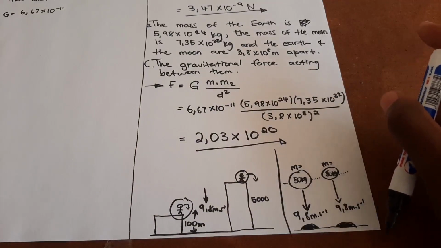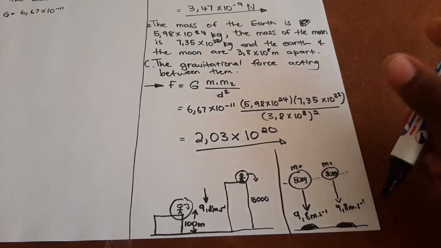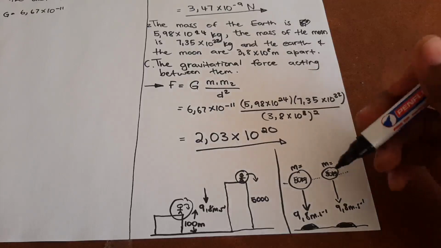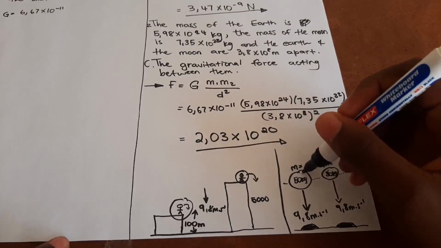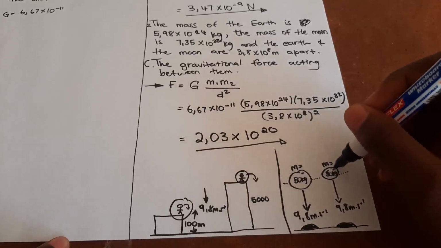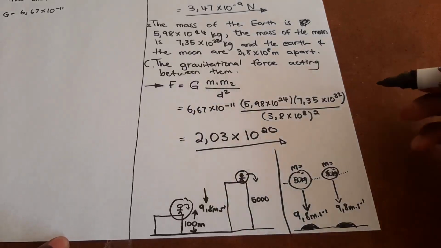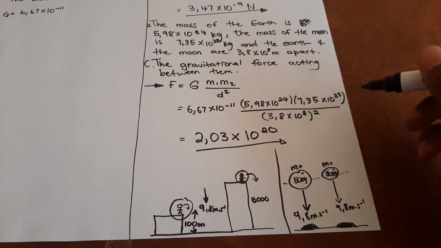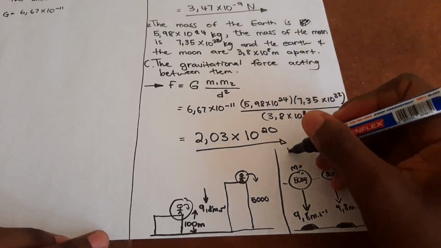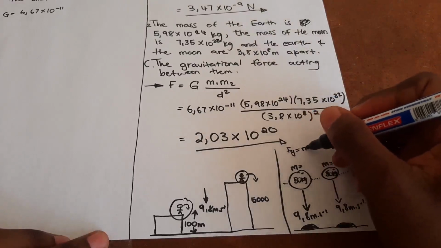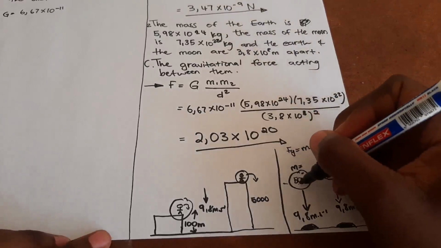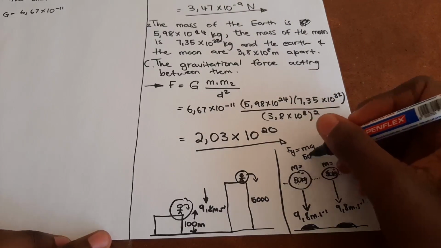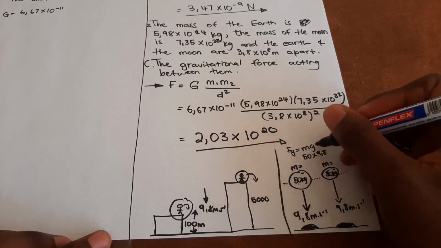But there is a difference in forces, because there's a force of gravity acting on this mass here, as well as this mass. Why is there a difference? Because you know that the gravitational force is equal to mg. So the force acting on that 50 kg is 50 multiplied by 9.8, the gravitational acceleration.